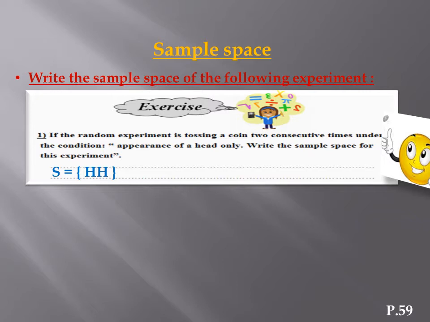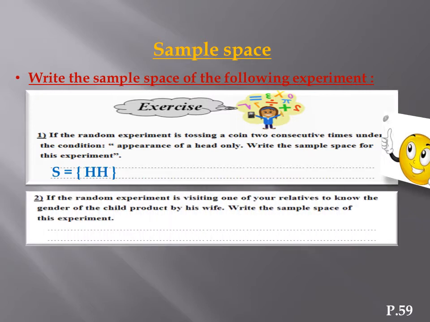The sample space equals {head, head}. If the random experiment is visiting one of your relatives to know the gender of the child produced by his wife, write the sample space of this experiment. The sample space will equal boy and girl.